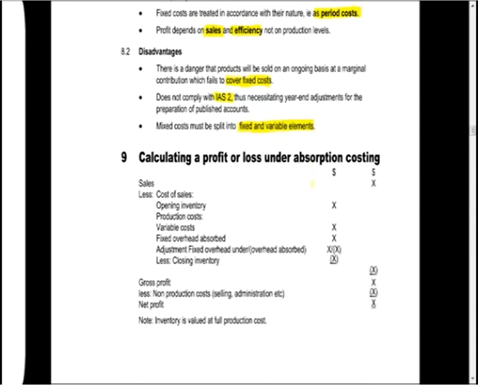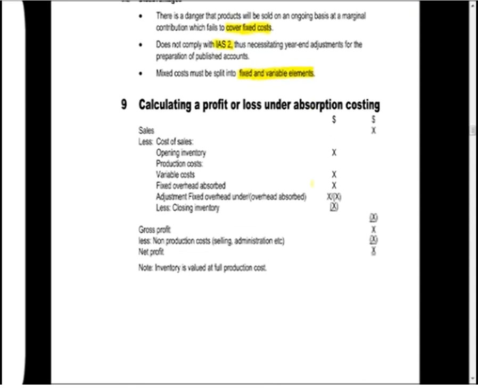Having considered the profit and loss under marginal costing, we're now going to consider it under absorption costing. And what we have here then is the pro forma layout for the absorption costing P&L. So we start off with sales and cost of sales. But what you'll notice is that in cost of sales, we have fixed overheads absorbed plus an adjustment for under or over absorbed fixed overheads before taking off our closing inventory.